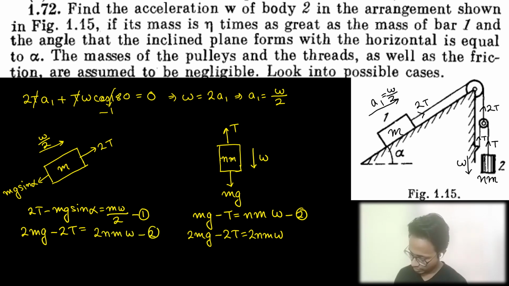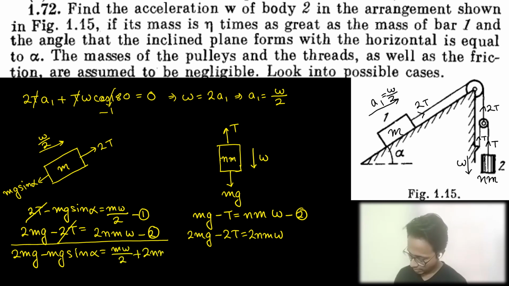This is our equation number 2. If I solve it, minus 2T plus 2T gets cancelled. So it equals 2mg minus mg sine alpha is equal to m omega by 2 plus 2nm omega.